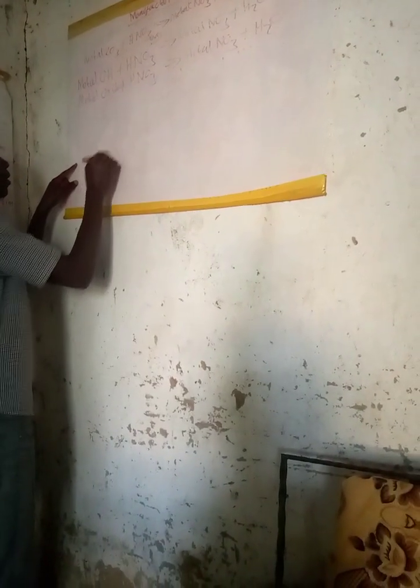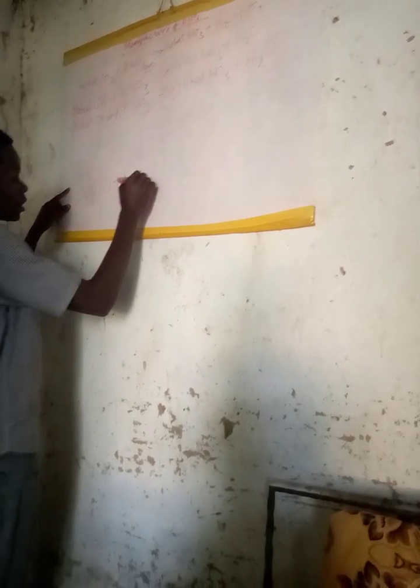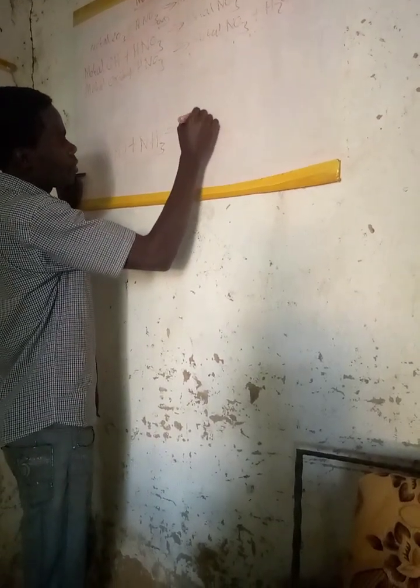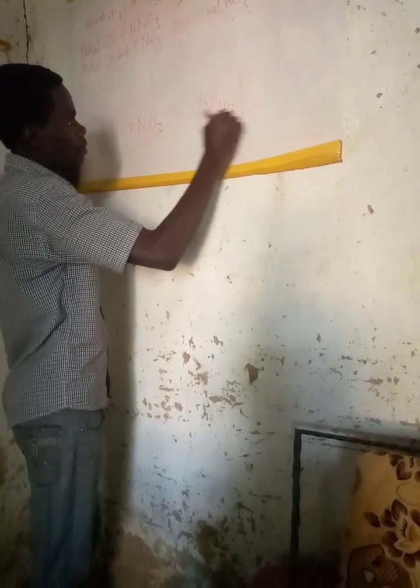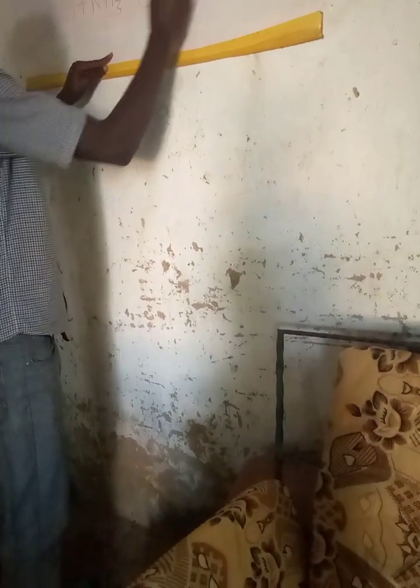So here we have copper(II) hydroxide reacting with ammonia to form the complex compound tetraamminecopper(II) ion.